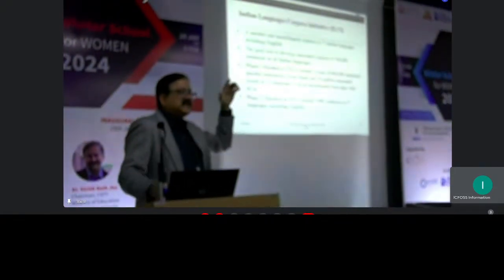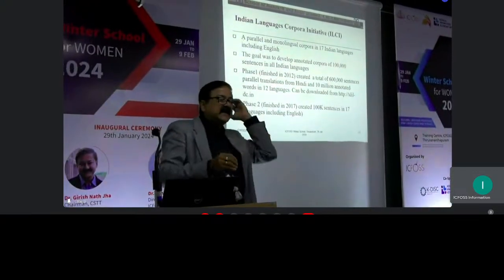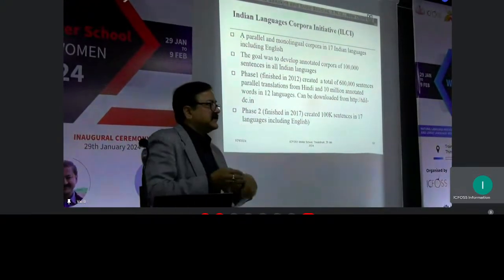Now, for this project, the Indian Language Corpora Initiative, we created a lot of data for 70 Indian languages. There was parallel data collection, annotation, and chunking, and then exporting data in XML format to the database. I created a server for Sanskrit where all the languages had their dashboards.